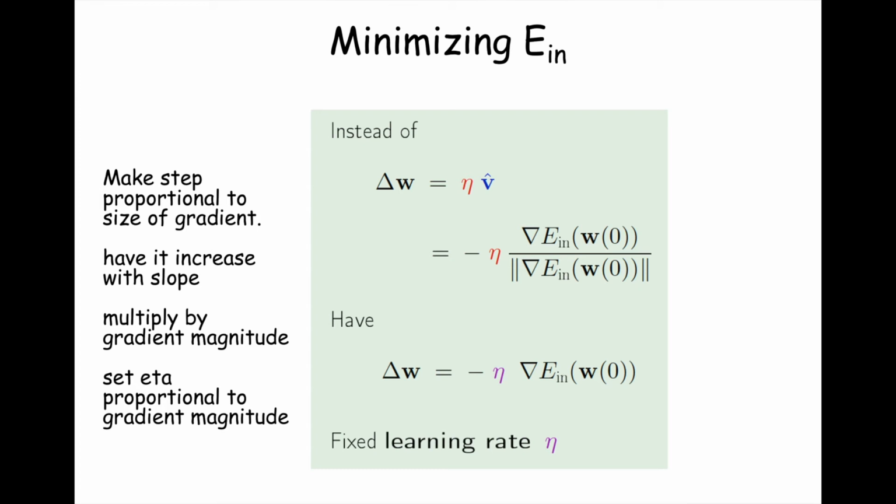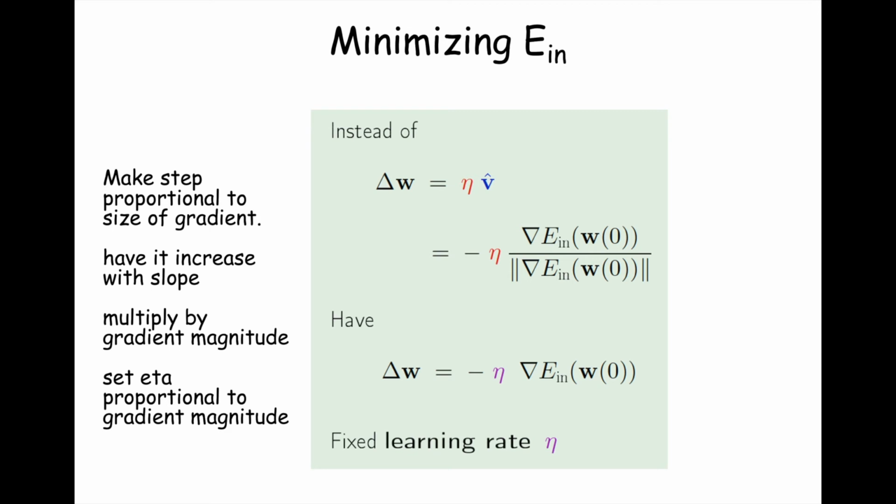In our second version, we could say delta W is equal to minus eta prime times, let's do it this way.